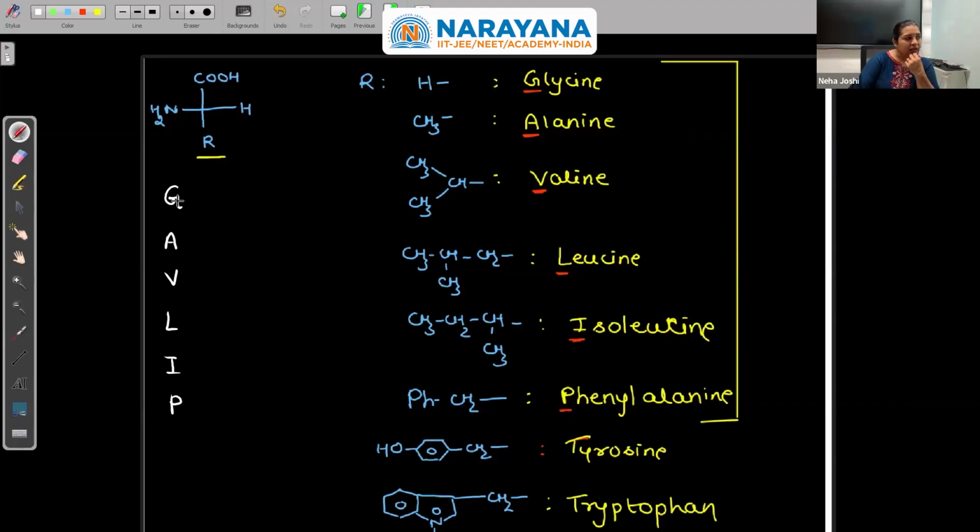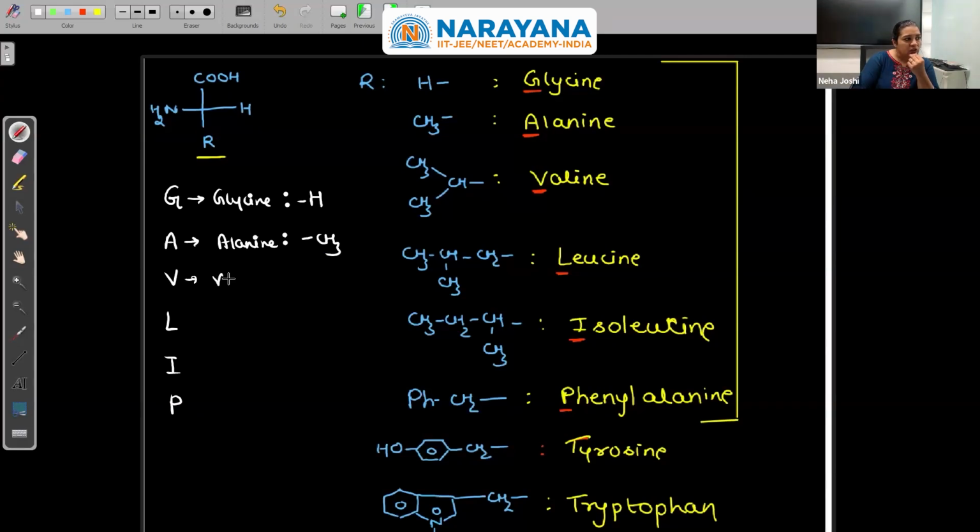Then I started: G stands for glycine, and then you have to remember what the R is. I took this as a fixed structure and started memorizing R. So for glycine, it is H; alanine, that is what I will suggest. Practice it like this. So it is CH3.